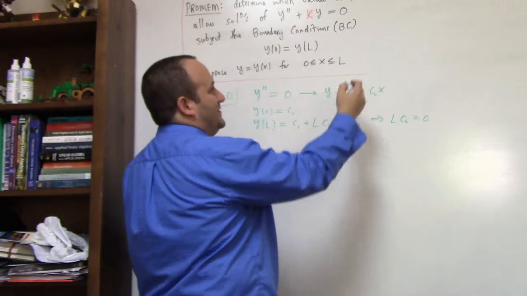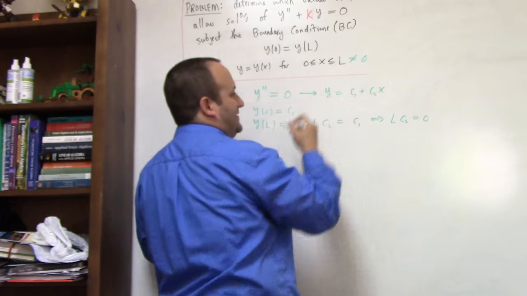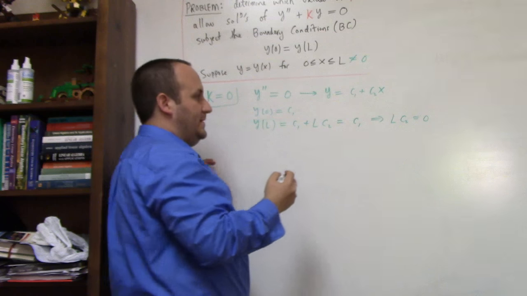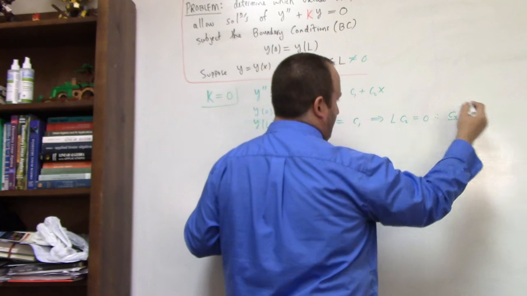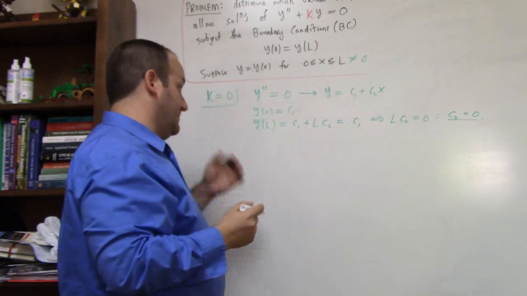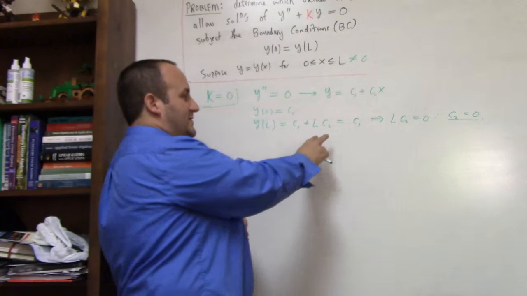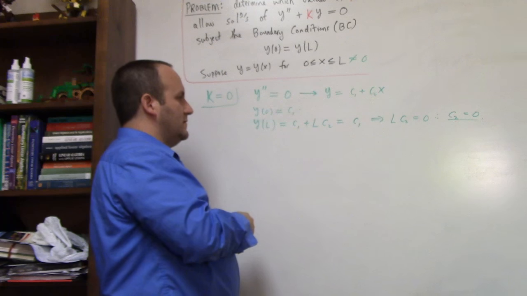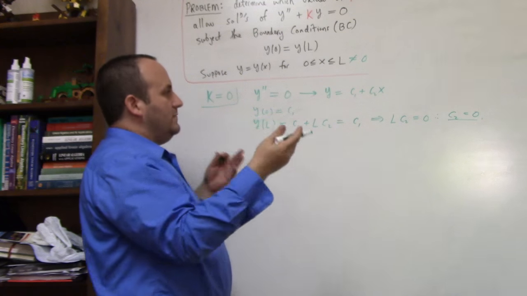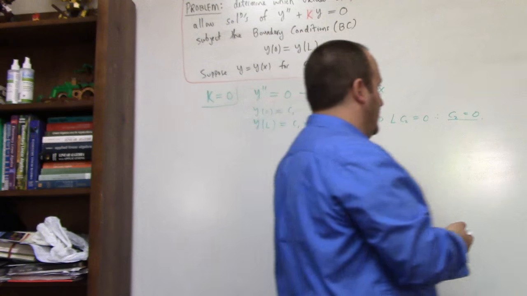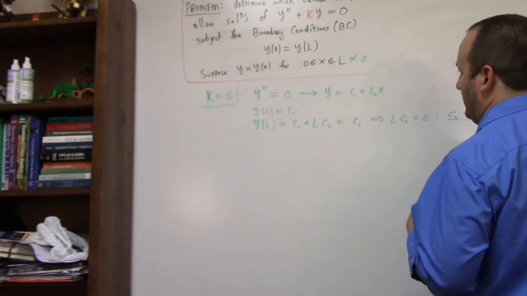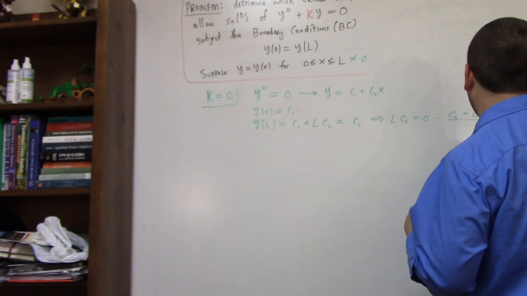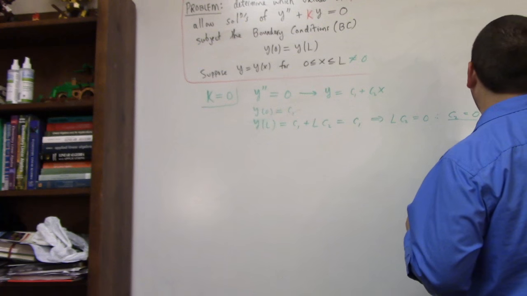But we're assuming that L is not equal to 0, otherwise this is dumb. So c2 is equal to 0. And what else then? Well, if c2 is equal to 0, let's put it all together. We get y is equal to c1.